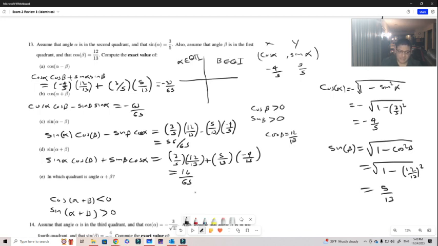So this is saying x is negative and y is positive. So where is x negative but y is positive? Quadrant 2.